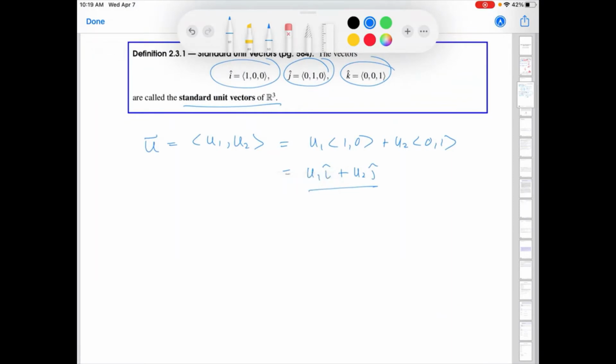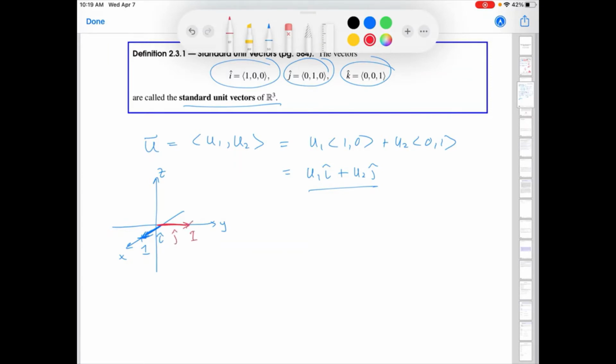So if I go to R3 now, and I try to plot my unit vectors, let's see what they look like. Well, I have i hat, which is the vector that just goes 1 unit in the x direction. And then I have j hat, which is the vector that just goes 1 unit in the y direction.